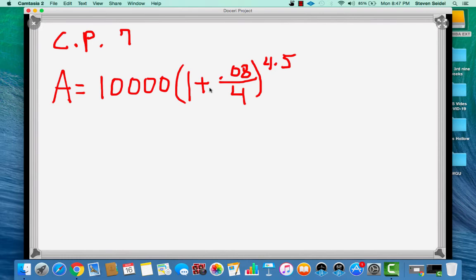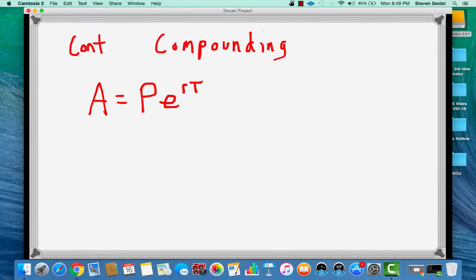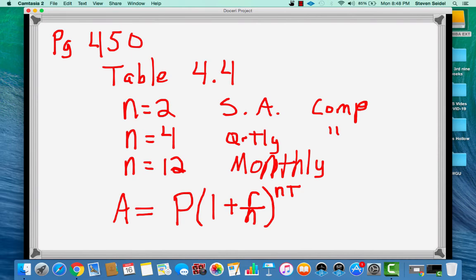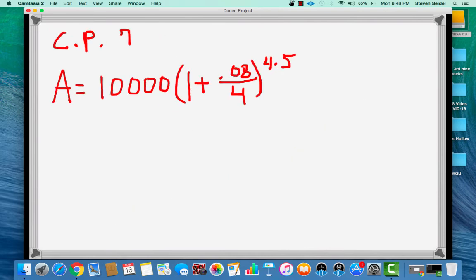So, I'm using that formula we talked about a couple slides ago, the one right there at the bottom. It's being compounded quarterly, so I'm going to use n equals 4. Then using that formula again, I got 4 times t, which is 5. We're looking at 5 years.